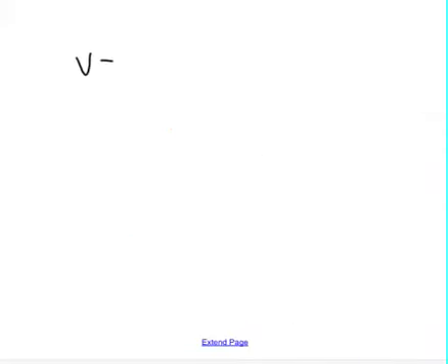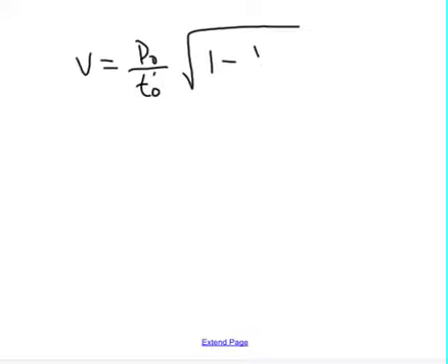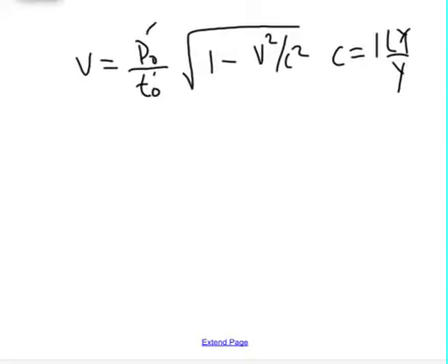We have v equals x0 divided by t0 prime times the square root of 1 minus v squared over c squared, but c is equal to 1 light year per year. That makes it convenient because my distance is in light years, 10 light years, and my time is in years, namely 2 years.